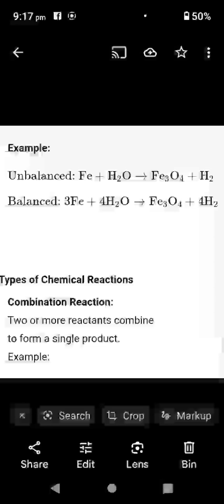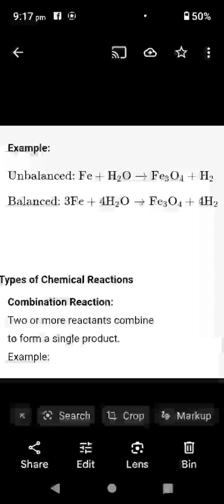Now if we look at the unbalanced equation, hydrogen is 2 in the reactant side and 2 in the product side, and oxygen is 1 in the reactant side and 4 in the product side. It means the number of oxygen atoms is not balanced and you need to balance it.